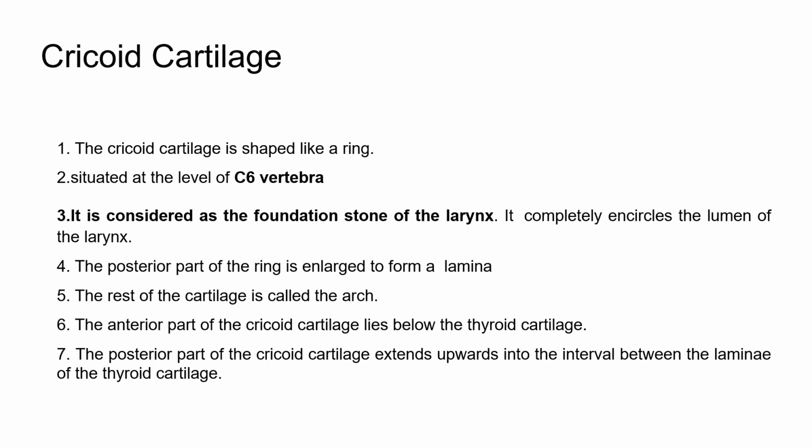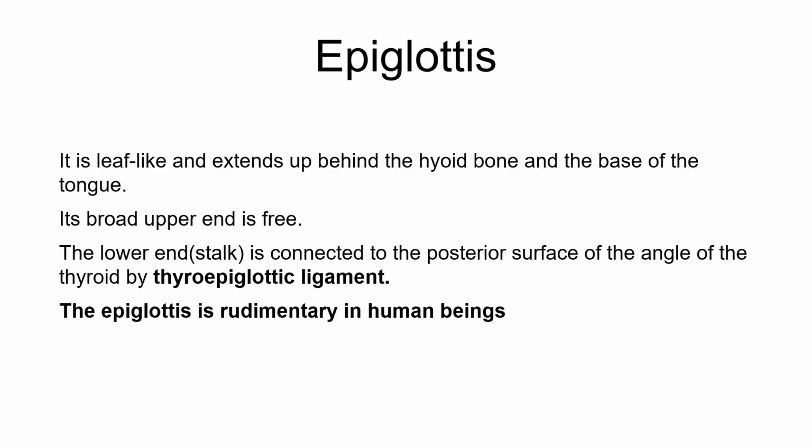Now going ahead, let's see what is the next one. It is the epiglottis. Now epiglottis is rudimentary in human beings, but in animals like cows, epiglottis is very useful.